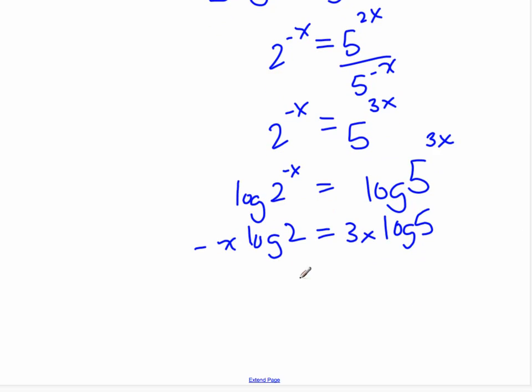But when I'm doing this, I'm sort of finding that it doesn't really matter what this is. Log of 2, I don't know, is point something. Let's call it 0.1, minus x times 0.1. And over on this side, log of 5 might be 0.2 times 3, it might be 0.6x.